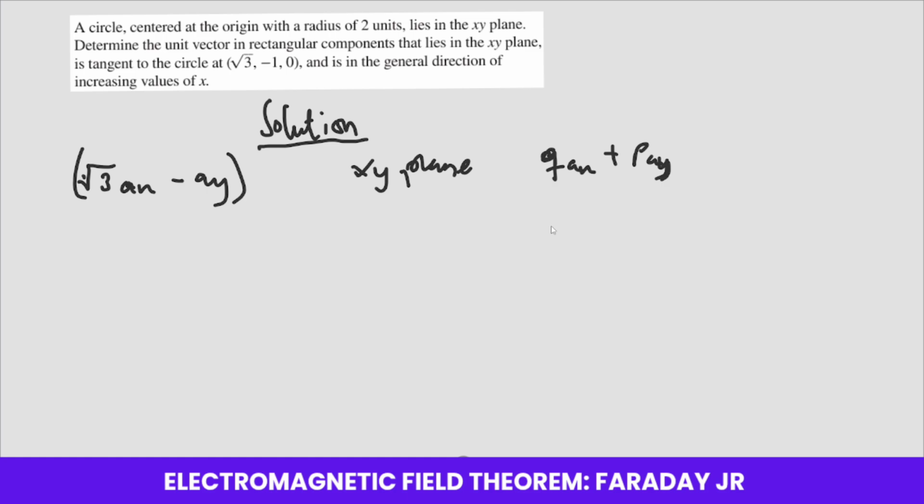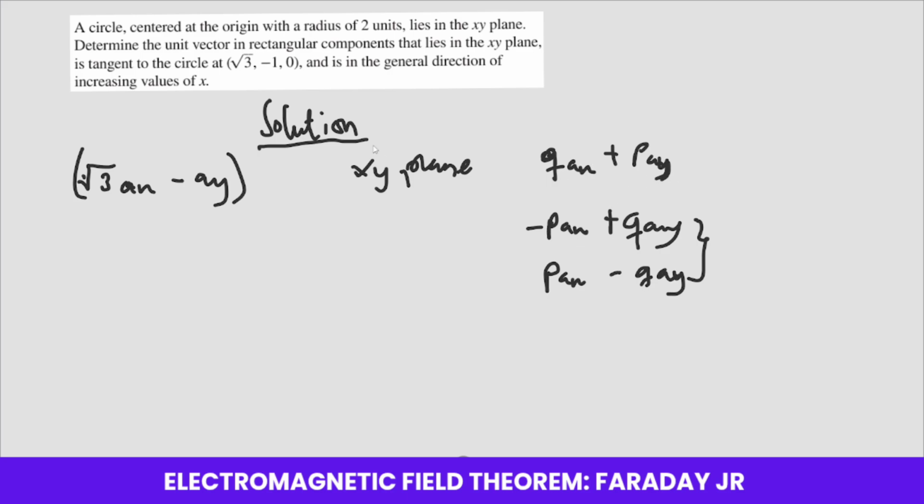So the coordinate tangent to this is P ax plus Q ay, but after this, I'll have to negate either of them. So I'll negate, or I can write P ax minus Q ay. So either of these coordinates are going to be tangent to the coordinate Q ax plus P ay.